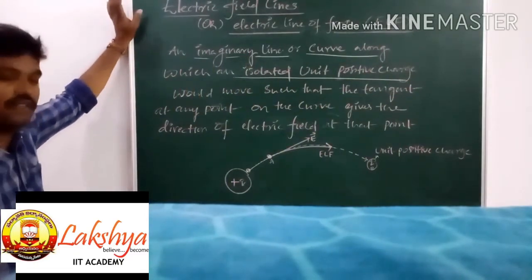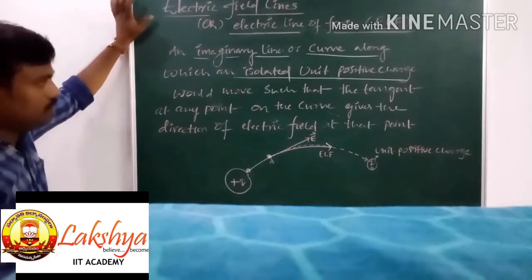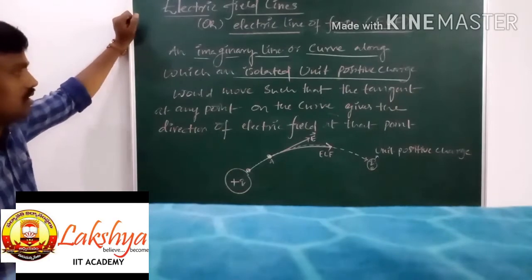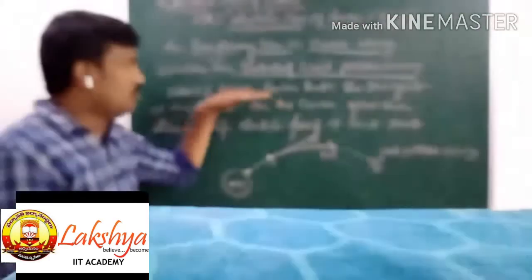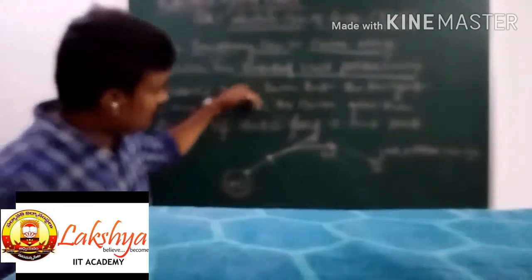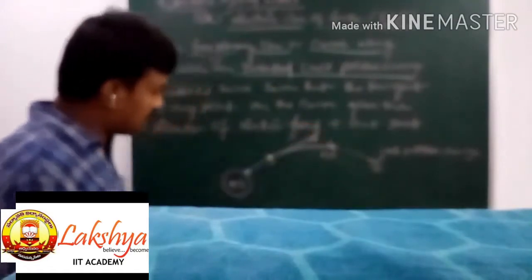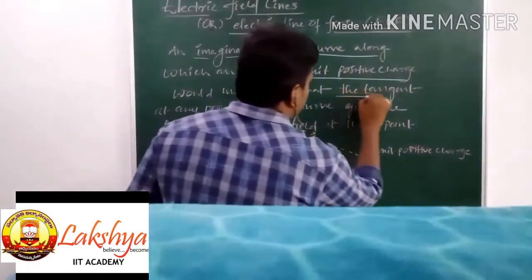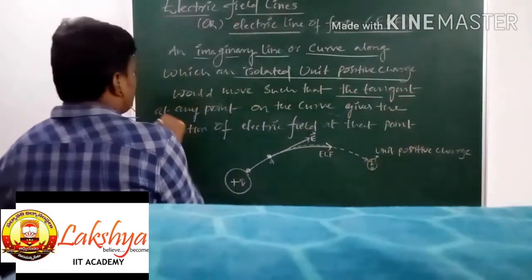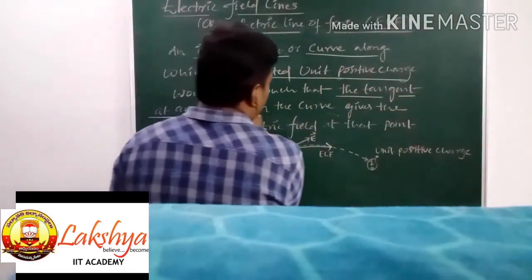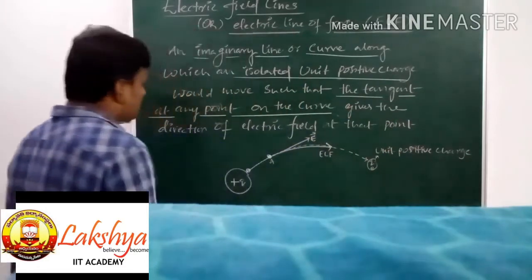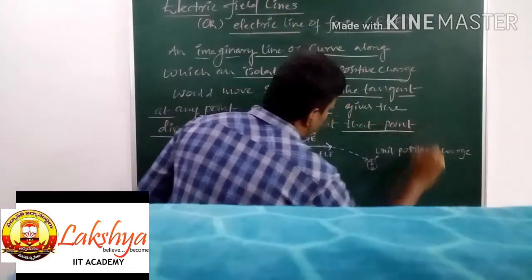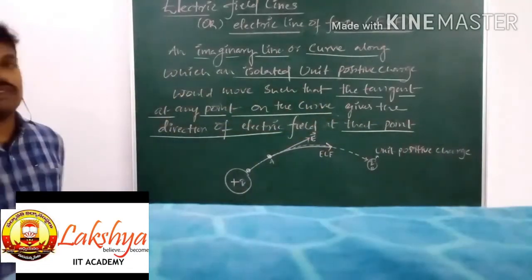Isolated means it is a unique one, it is a positive charge, and it is a test charge, and it would move inside this space, such that the tangent at any point on the curve gives the direction of the electric field at that point. This is an important point. So the definition is going to be like this.